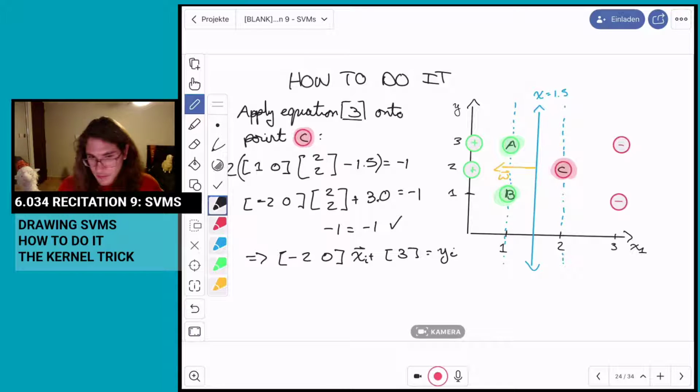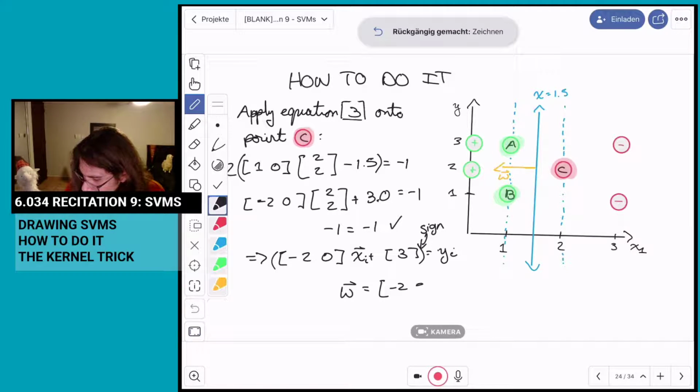Or the sign of this is going to be equal to Yi. Okay, and that means that W is equal to negative 2, 0, and B is equal to 3.